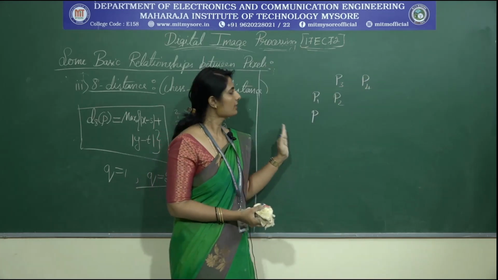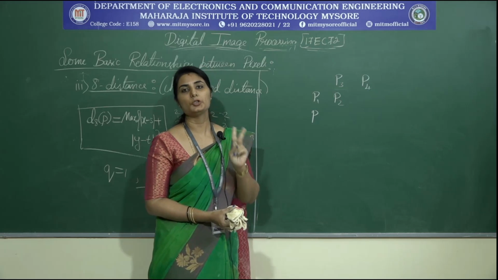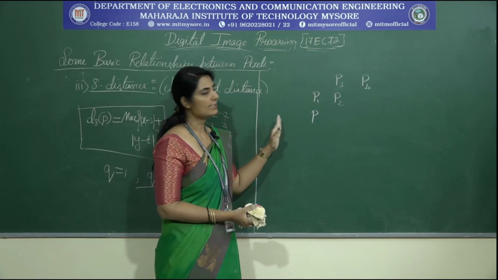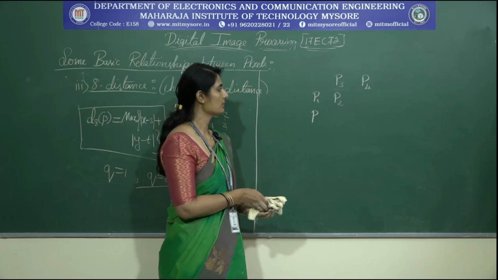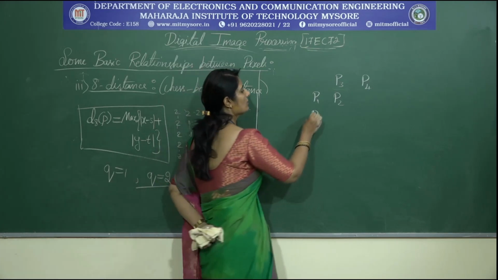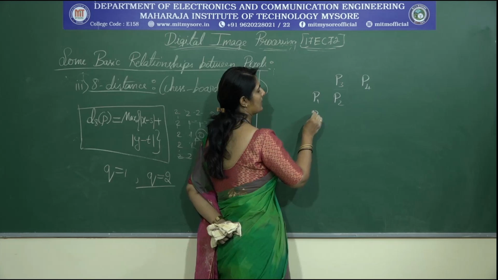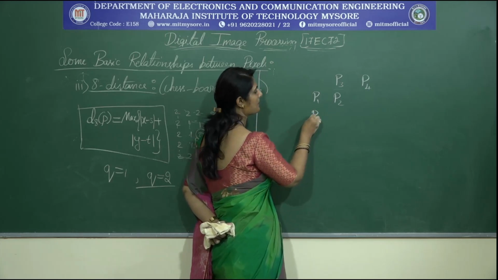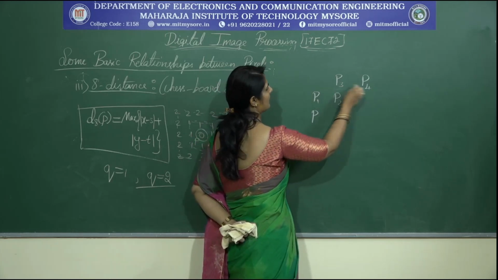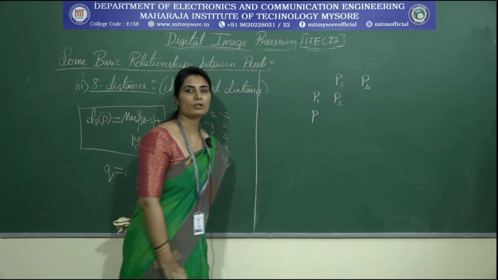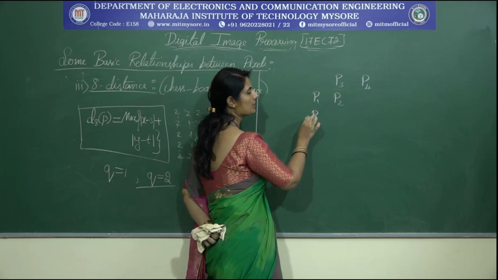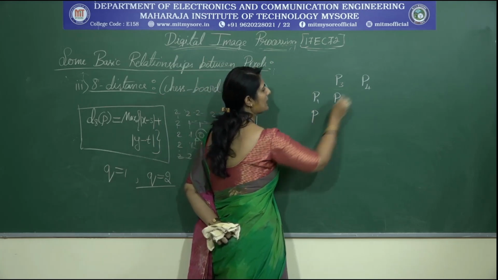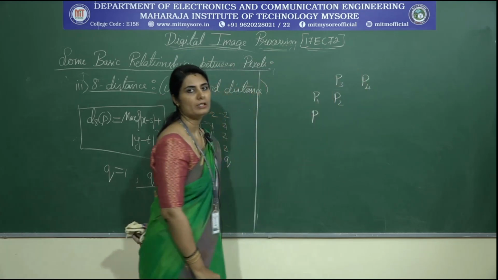Here in this, there is a set of pixels. The set of pixels contains P, P1, P2, P3, P4. Okay. So, now I have to find out the shortest path, the shortest distance between P and P4.